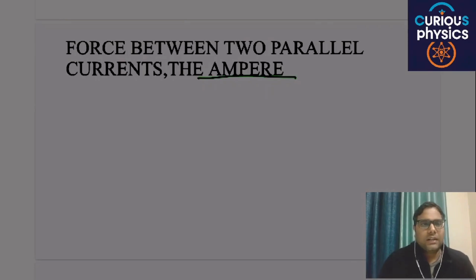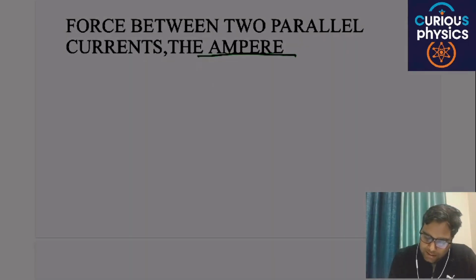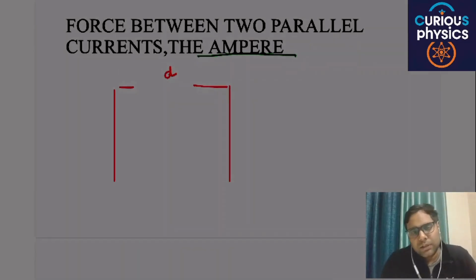But the first task is to find the value of the force between two parallel current-carrying wires, or two parallel current-carrying rods. Let's say this is one rod, this is the second rod, and d is the distance between these rods.